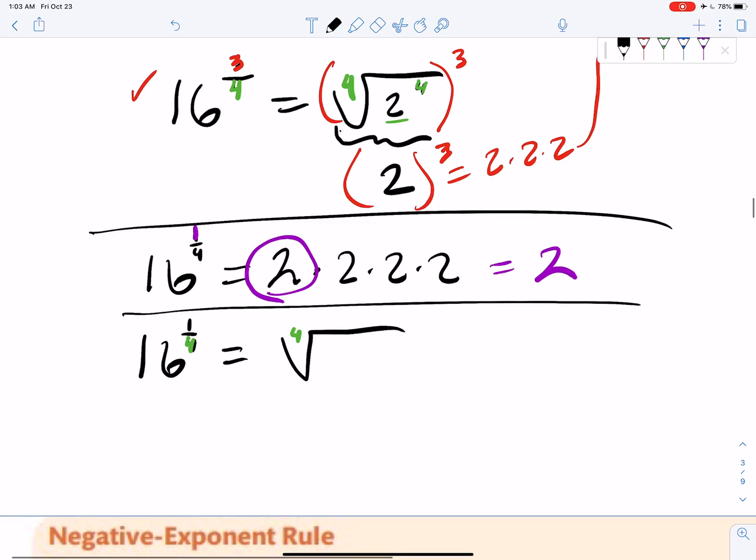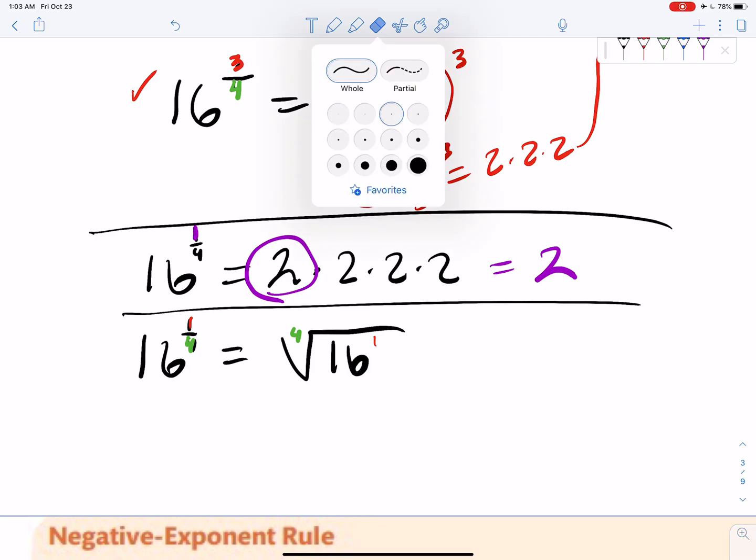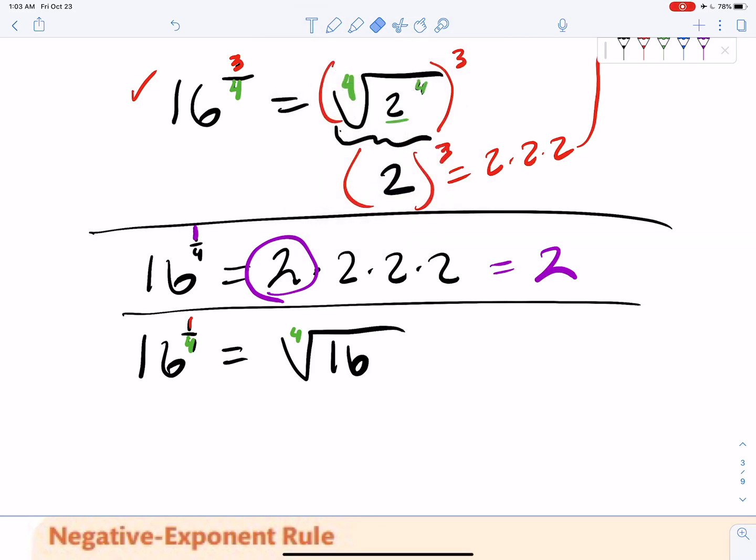And of course my radicand is the base, 16, and I raise it to the 1st power, which I could put inside or outside, but the 1st power doesn't change anything, so I don't even really have to show that. Okay, and what is the 4th root of 16? Well, remember 16 is 2 to the 4th power, and there it is, my power matching my index, so out comes the 2, which is the same answer we got up there.